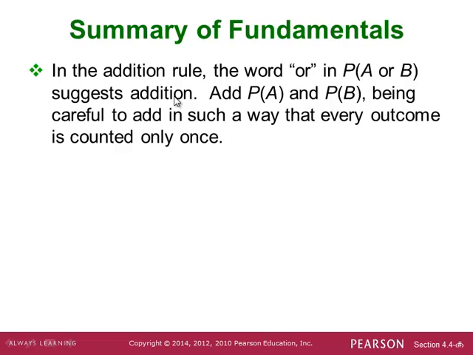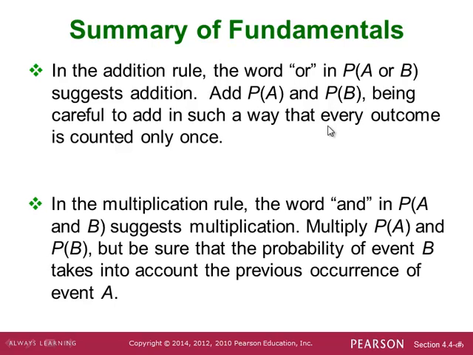You're adding the individual probabilities, making sure that you adjust when the events are overlapping, as you saw in the last section. But if you want to calculate the probability that the two events happen simultaneously or subsequently, the probability of event A and event B happening, the word "and" suggests multiplication.